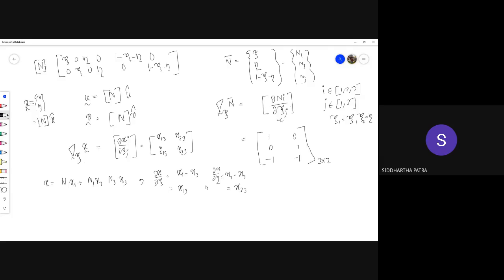Now that is the simplest way to do this exercise, but I'll do it in a slightly more complicated way so that the approach remains general when you are doing any other type of element.